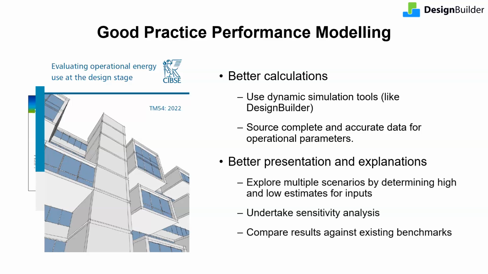The second part is to present the calculated results in a manner that gives holistic understanding to all the stakeholders. This is done by not just presenting the results as deterministic values, but also via scenario analysis, sensitivity analysis, and comparing performance against other similar buildings, that is benchmarking.